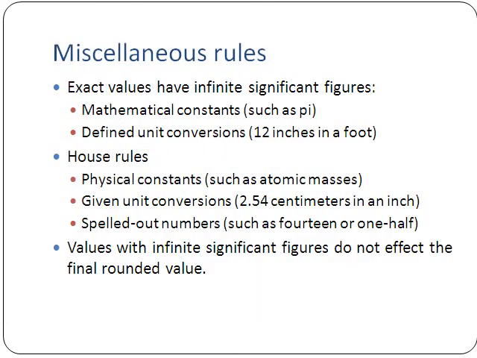We have a few miscellaneous rules. The first two rules are always true, and that is that exact values have infinite significant figures. So if something is exactly 2, then you don't say it only has one significant figure. It doesn't have 3. It has an infinite number. It's 2.000, and you can keep saying zeros for the rest of the universe's life.